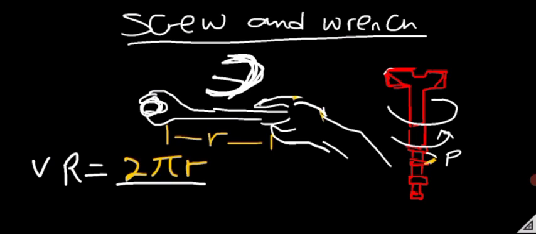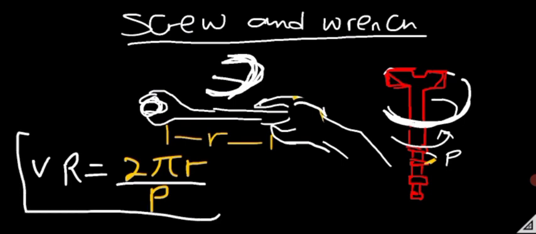What is the distance moved by the load? Remember that this bolt is what we are turning, and this bolt will move 1 pitch. 1 pitch is called P. So the distance moved by the load is 1 pitch. That is what? P. So we can say that the velocity ratio for this screw arrangement is given by what?